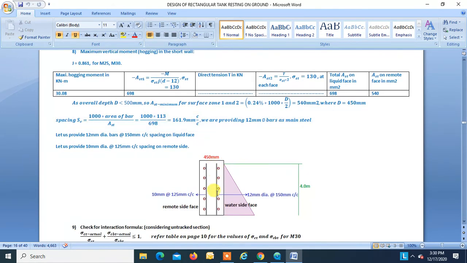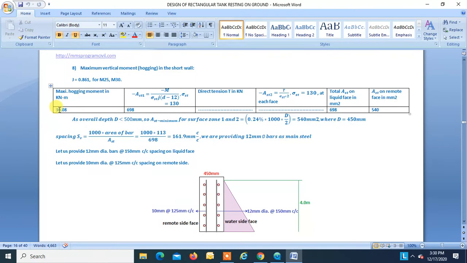So you will get the main steel on this side and the distribution steel on this side, and the maximum hogging moment is 30.08. The steel found is 698.